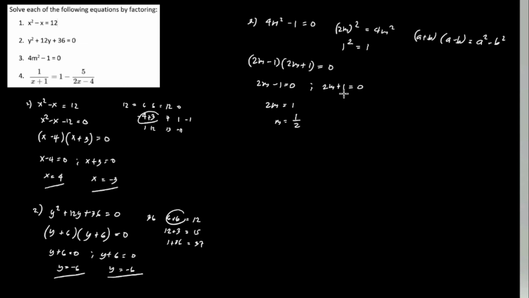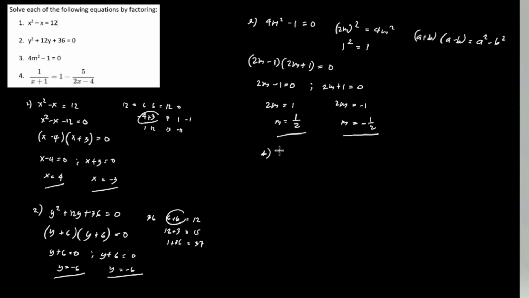And 2m plus 1 is equal to 0, so 2m equals negative 1, and divide everything by 2, that's negative 1 over 2. So therefore, the values for m are m is equal to 1/2 and m is equal to negative 1/2. So these are the values for number 3.